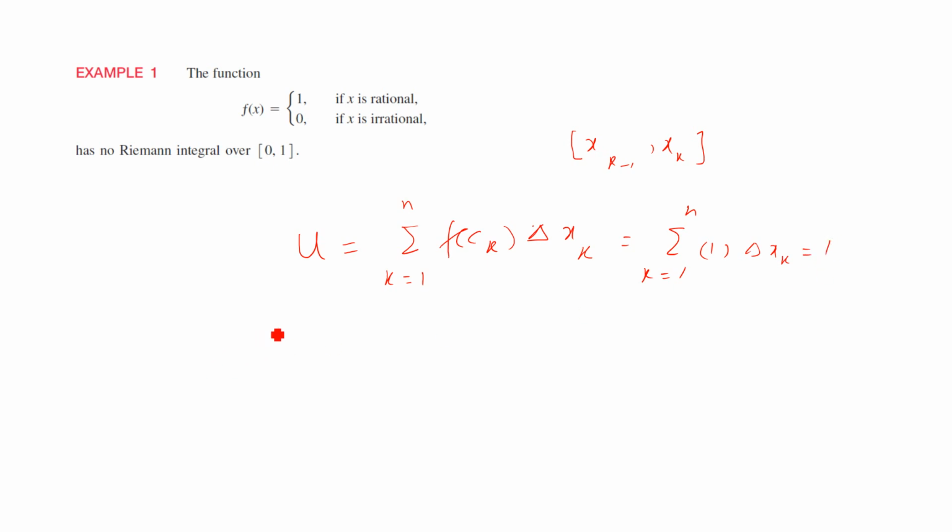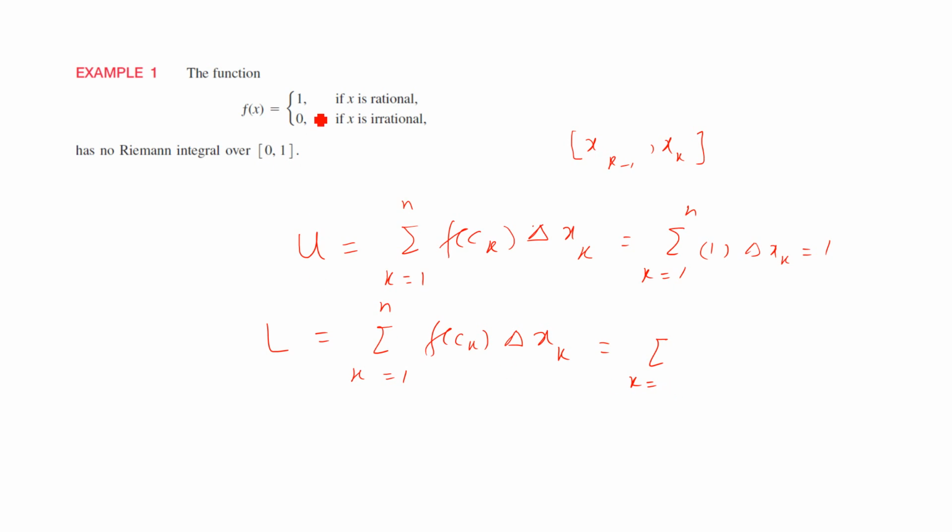Similarly, we can find the lower sum. The representation will remain the same, the sum from k equals 1 to n of f(ck), but this time we are going to find the smallest height of the function in the kth interval. It will be 0, because the function has only two values, either 1 or 0.